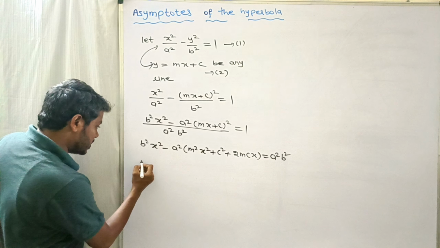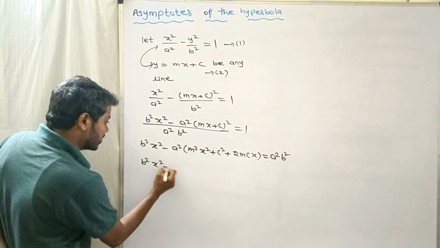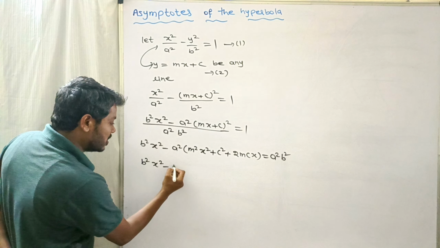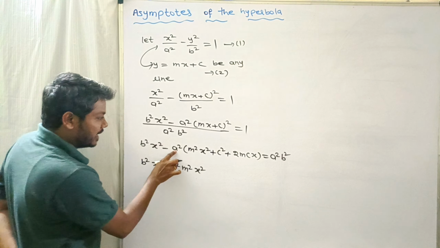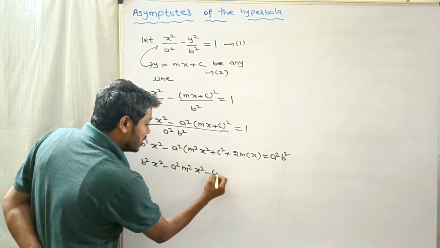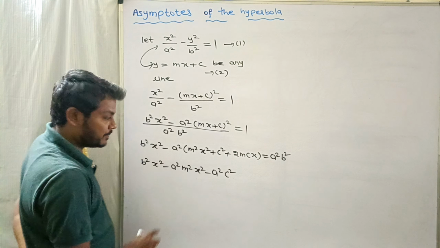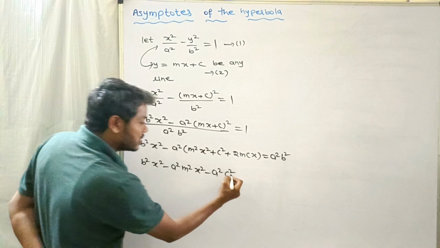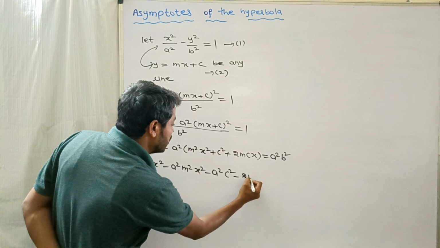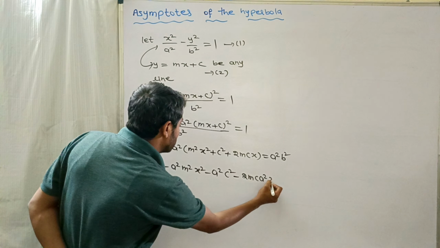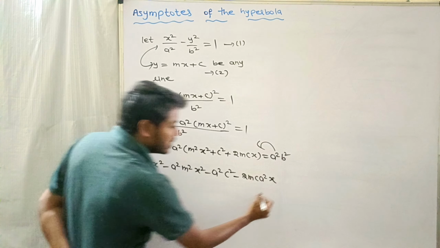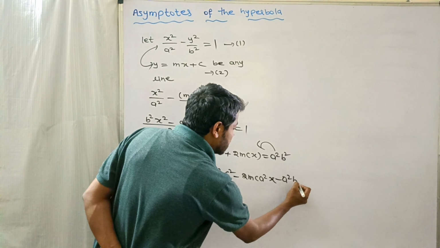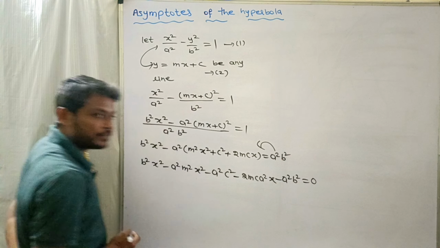Now clear, which becomes b square x square minus a square m square x square minus a square c square, next minus a square into 2mc x. We can send it to the left hand side, it becomes minus a square b square equals 0.